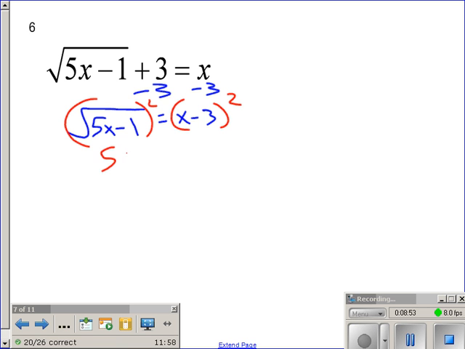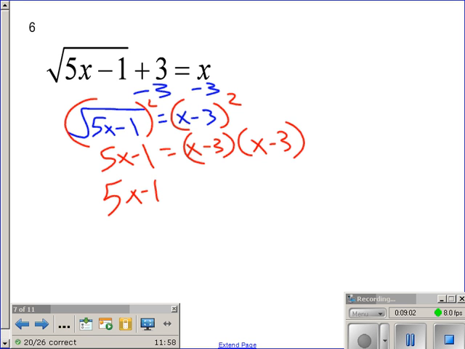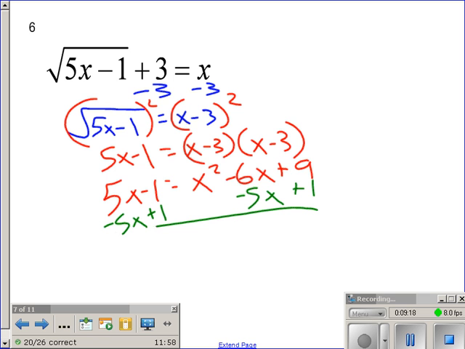So 5x minus 1 equals x minus 3 times x minus 3. 5x minus 1 equals, if we were to FOIL that out, we'd get x squared minus 6x plus 9. We're going to move these things to the other side. So we're going to put it right under the like terms that they would go. So 0 equals x squared minus 11x plus 10.